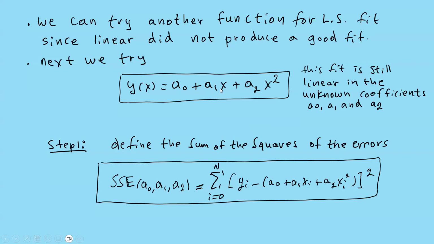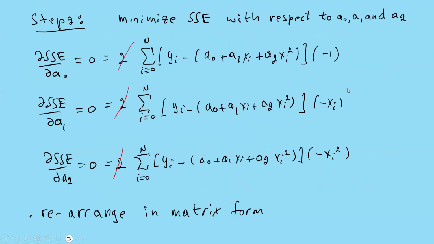To find these three coefficients, we minimize the SSE with respect to each of these coefficients. Then we rewrite these three equations in the format of a matrix and vector.